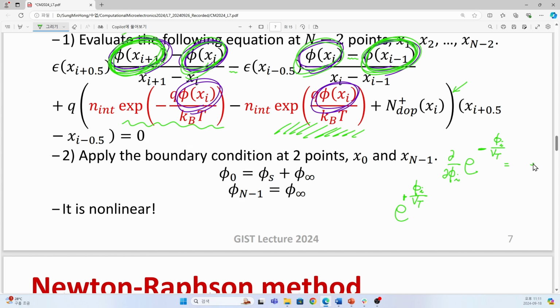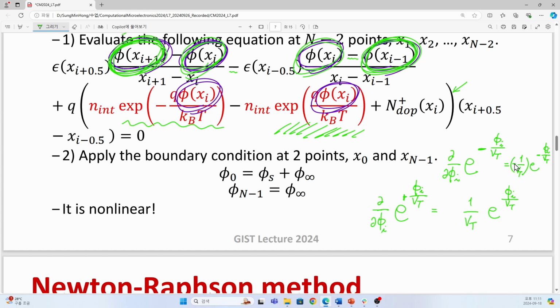It just reproduces itself with a leading coefficient of minus 1 over vt. Also, when you take the partial derivative of the other, it reproduces itself, with a leading coefficient of 1 over vt.